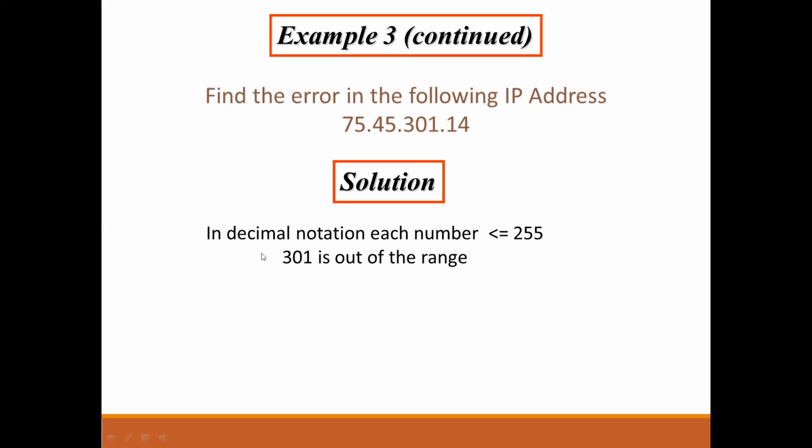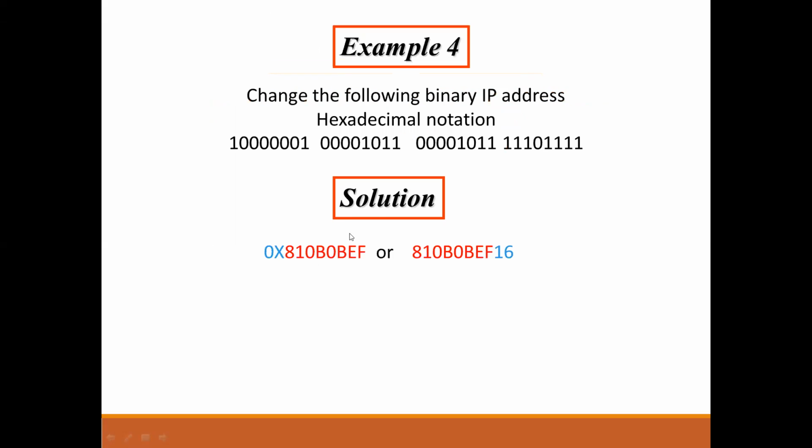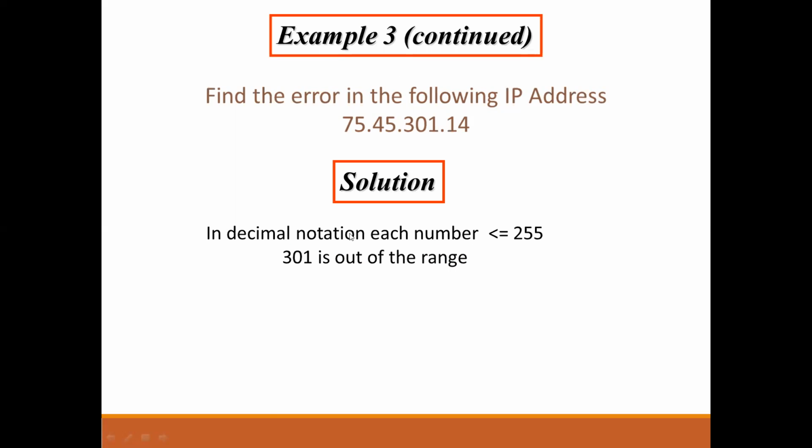In decimal notation, as we have seen, each number is less than or equal to 255. In this example the number 301 is there, and 301 is out of range.